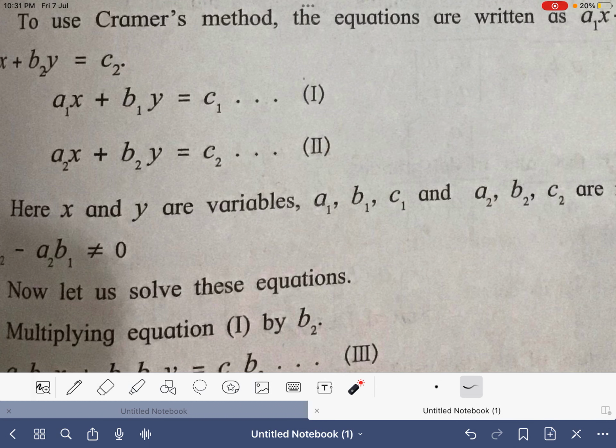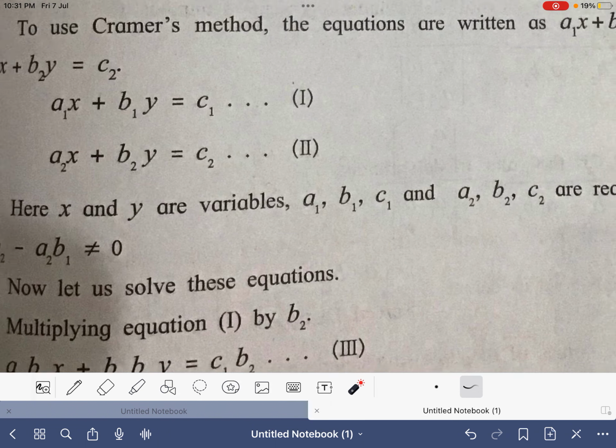Clear? So here we get a1 a2, here also we get a1 a2. Now subtract these two equations, so you will get the value of y. Likewise we have to solve this and find the value of y.